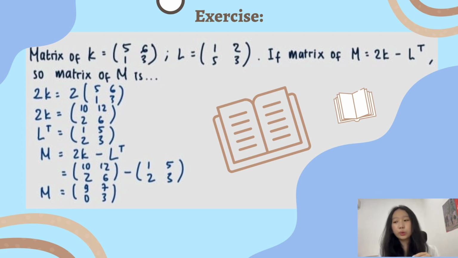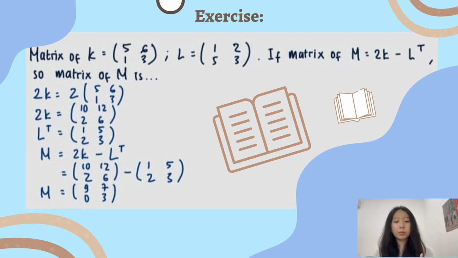So 2K was 10, 12, 2, and 6. And for the transpose of L, we change the column or bar from the diagonal into the vertical. So it remains 1, 5, 2, and 3.